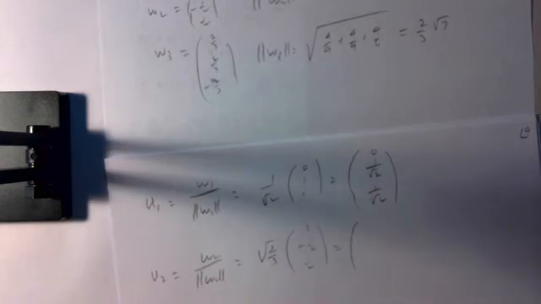So if I can do my arithmetic correctly, this looks like, but I'm not sure it's right. So 1, a fourth, and a fourth. Yeah. Square root of 2 over 3. I'm not sure.